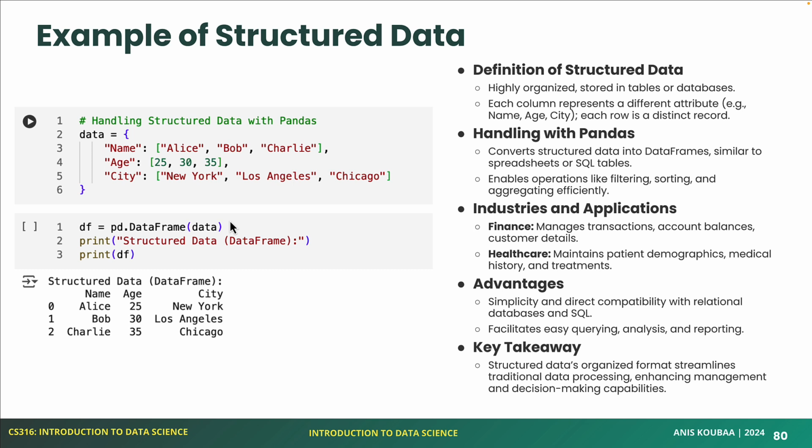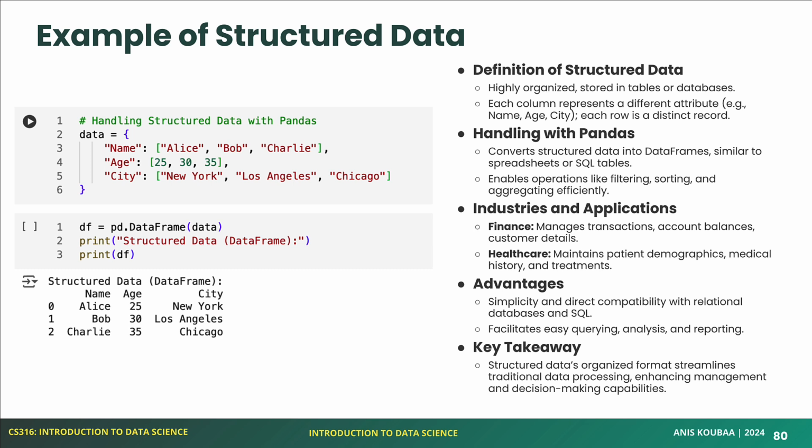And one of the tools that we will use in Python is Pandas DataFrames, okay, to, for example, do descriptive analytics, like calculating the mean of the age or searching for a particular type of information. So Pandas provides a lot of useful tools to manipulate data that has a structured format. And it's pretty much used in different industries and applications. In finance, we can use tables, SQL tables or CSV files to manage transactions, to store accounts, balances, and customer details.